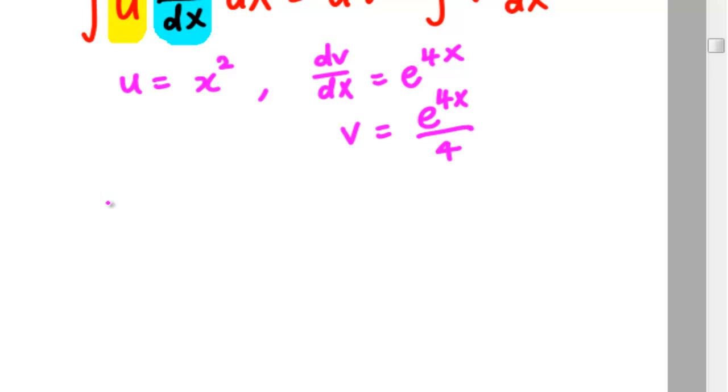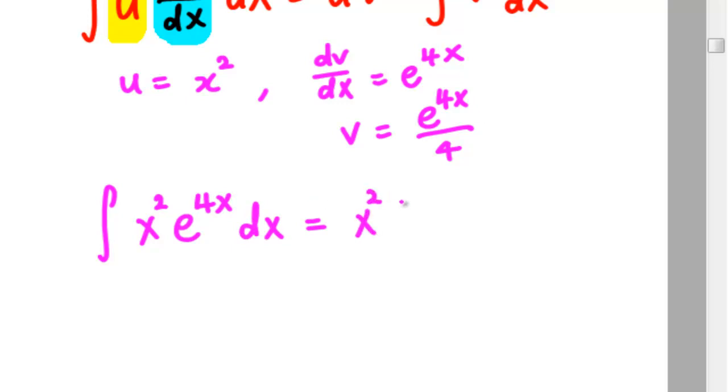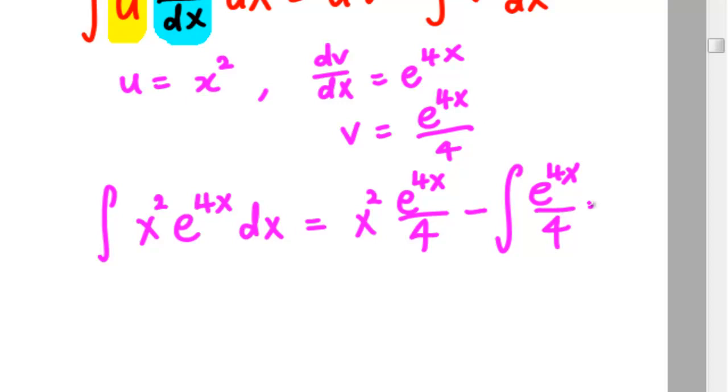So suppose that we are finding the indefinite integral of x squared e to the power 4x, we will have u being x squared, v e to the power 4x divided by 4, minus integral of v, which is e to the power 4x over 4, times du dx. And we know du dx is actually 2x, 2x dx.